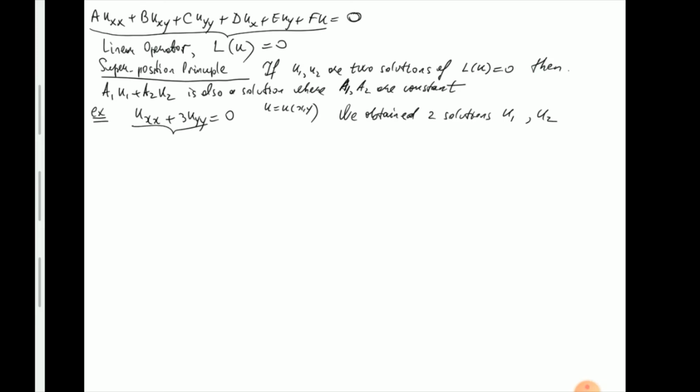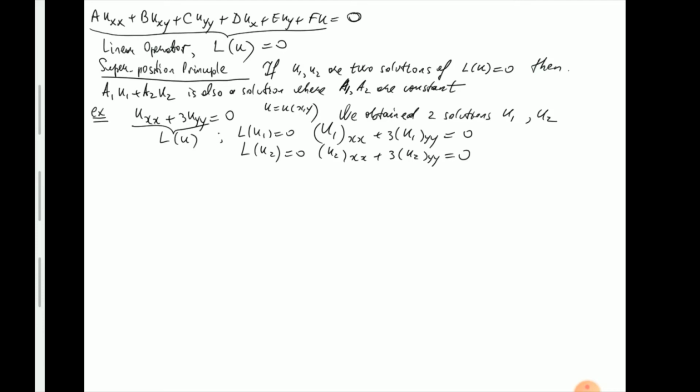So this is the linear operator, and because I say that u1 and u2 are solutions, that means L of u1 equals 0, which is to say u1 partial derivative with respect to x twice plus 3 u1 partial derivative with respect to y twice equal to 0, and we also know that L of u2 equals 0, so that means we know the same about u2. Right, it solves the same PDE.